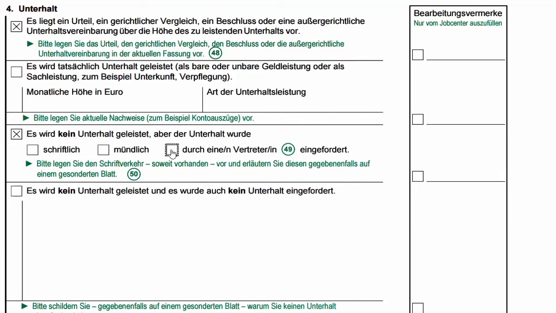In this case, you should mark it here with a cross. In addition, you should send to the job center a copy of the correspondence. I mean, if there has been any exchange in written form, then you should send a copy of it to the job center. And if necessary, you should also provide some explanation for that in a separate sheet.